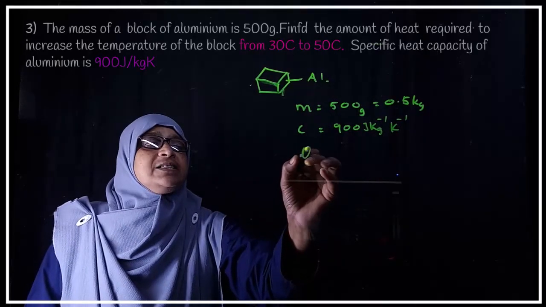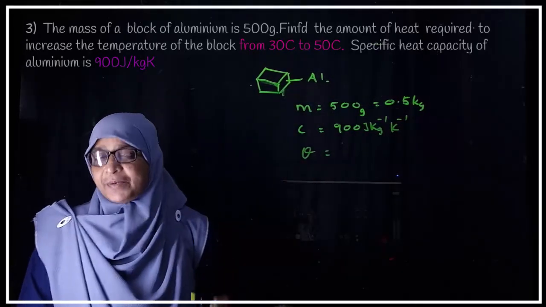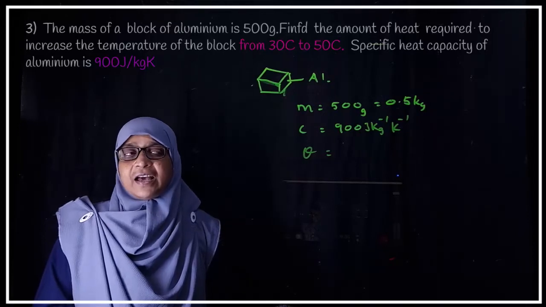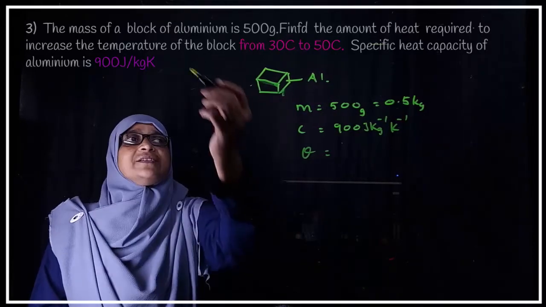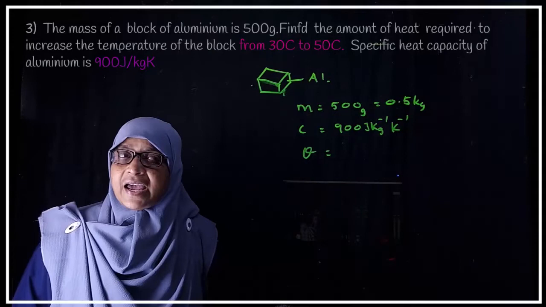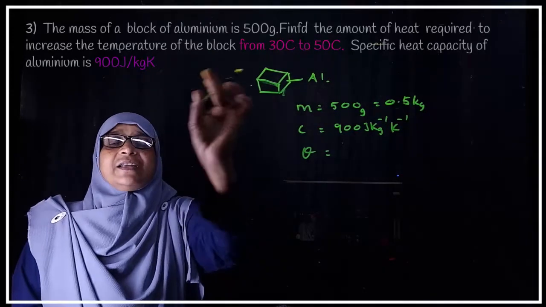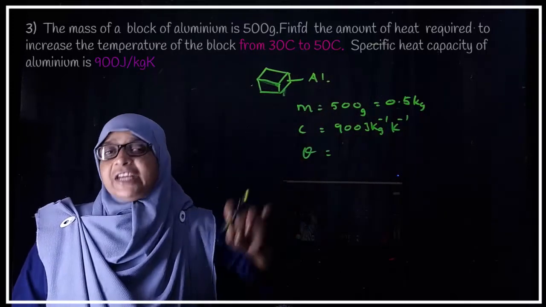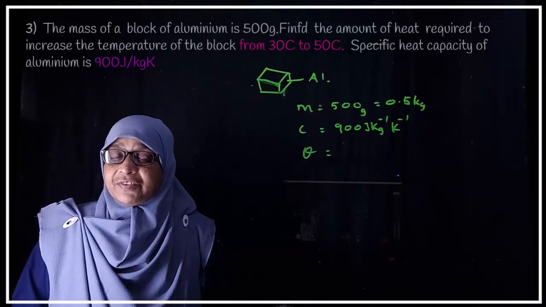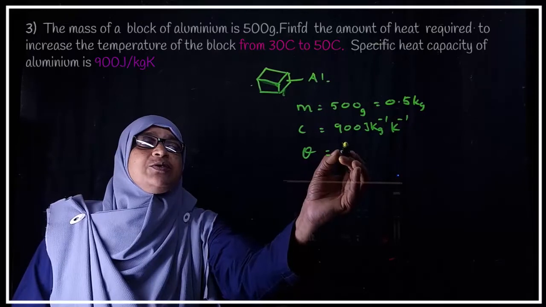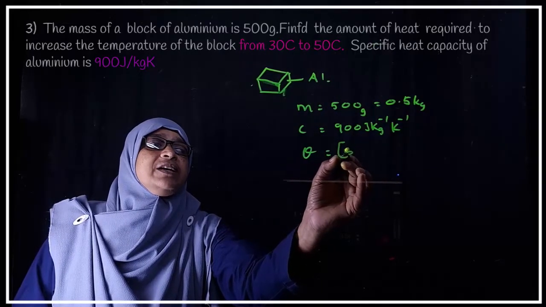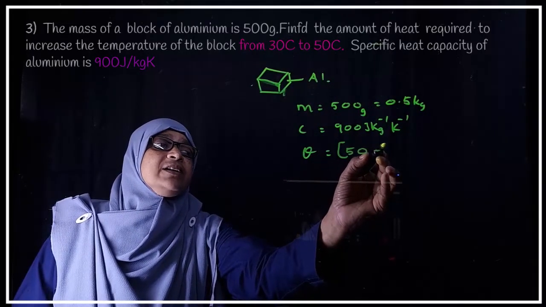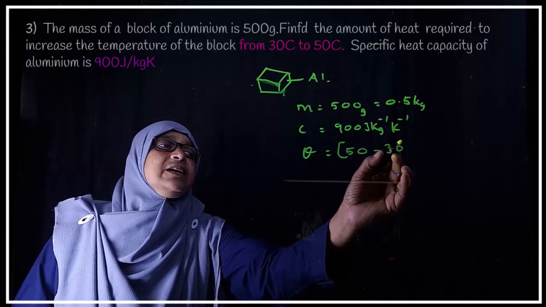The temperature change. What's the temperature change? They have set the temperature change as an increase in temperature from 30 to 50. Then what is the T2? 50. T1 is 30.